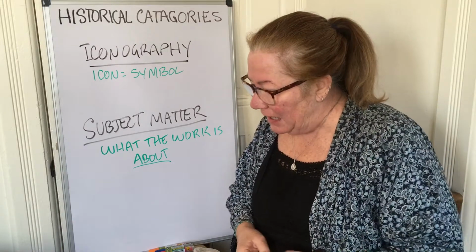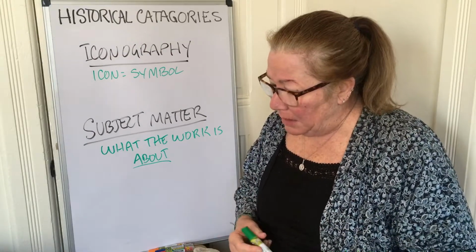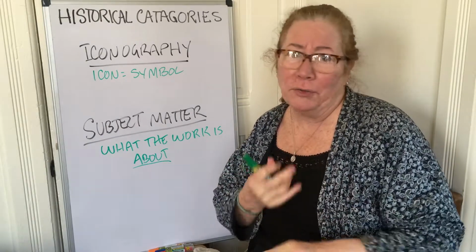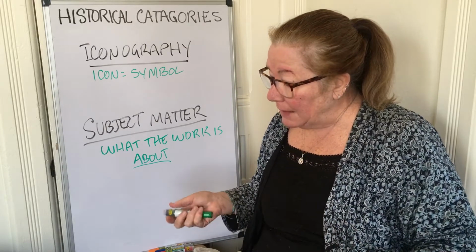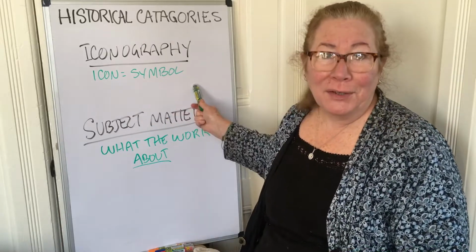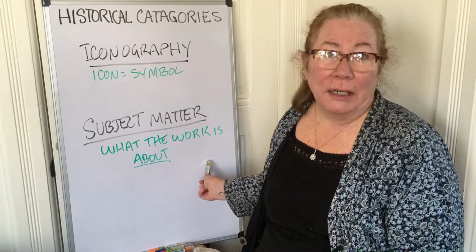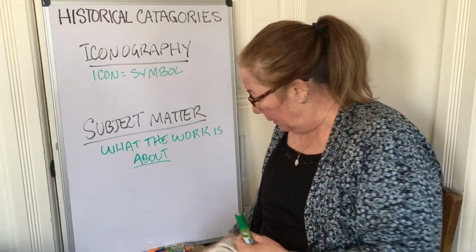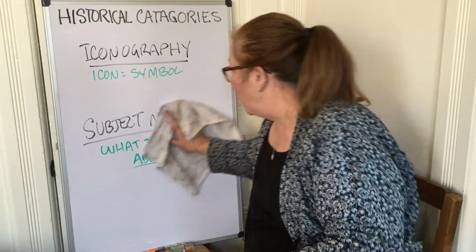That's pretty much it. Pictorial art can be divided into numerous categories, such as still life, landscapes, portraits, etc. And we can learn a lot from the iconography and the subject alone: the symbolism that's used in the artwork, and what the artwork is about. Pretty straightforward, okay? So iconography, symbols, subject matter, what it's about.